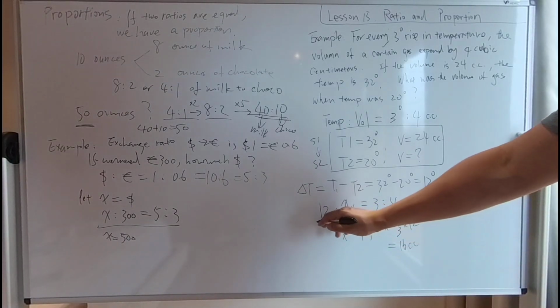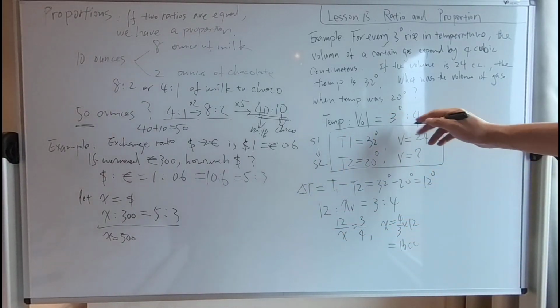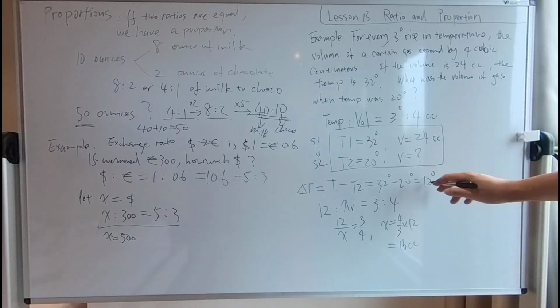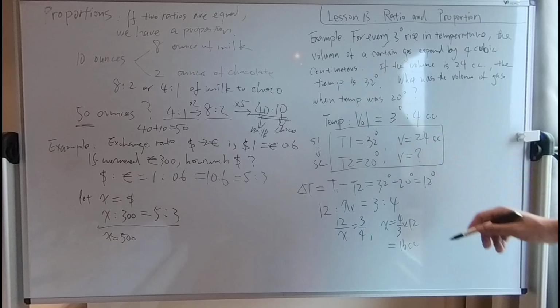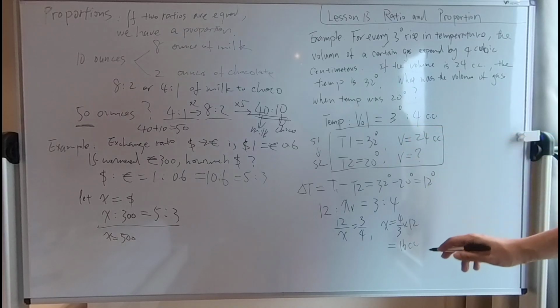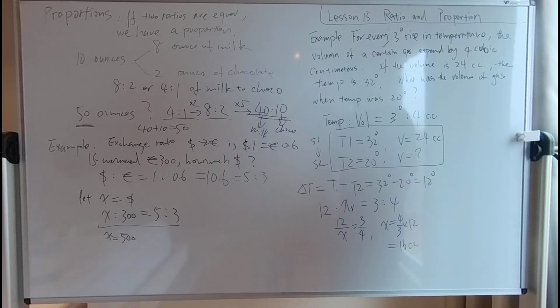Right? So based on the known condition, based on the ratio, I know that this 12 degree change, or 12 degree decrease, will cause a 16 cubic centimeter volume decrease.